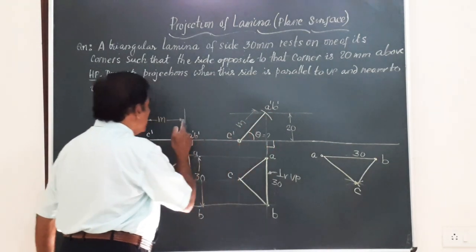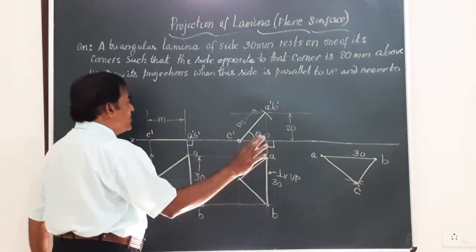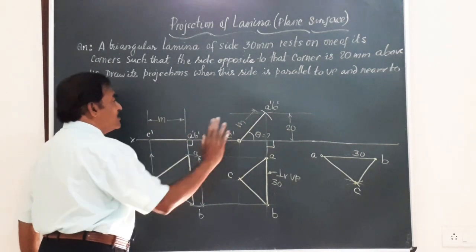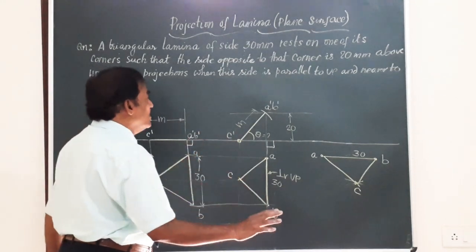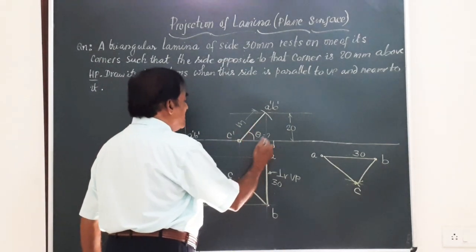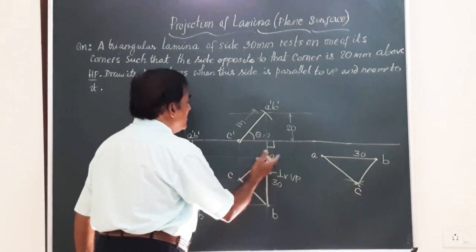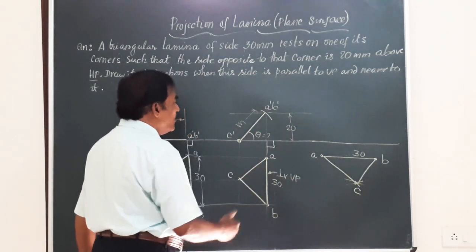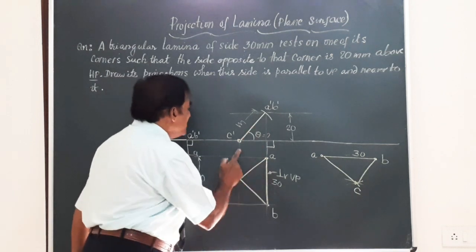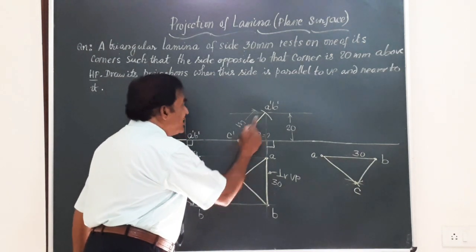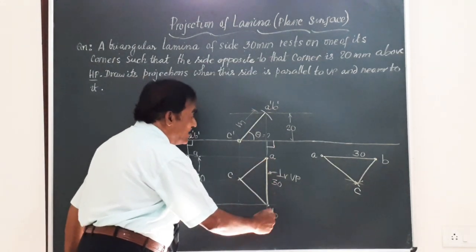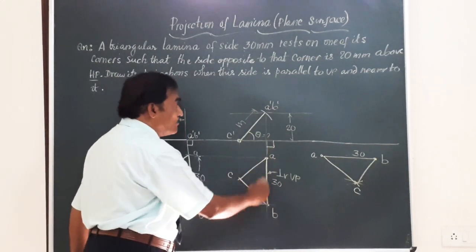This length is equal to this length, and I told you in the previous sessions, these two figures will have the same dimension. After getting the top view of that, we were able to measure theta. You will get some value for this, and in this position the lamina is resting on corner C. The side opposite to that is A dash B dash.